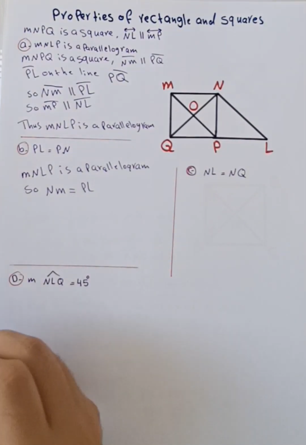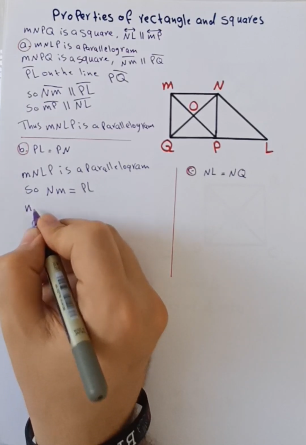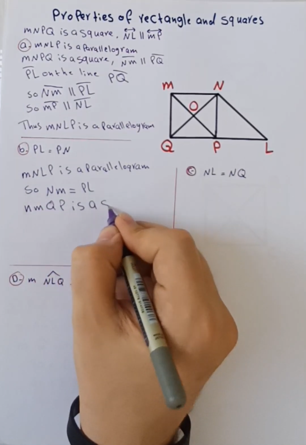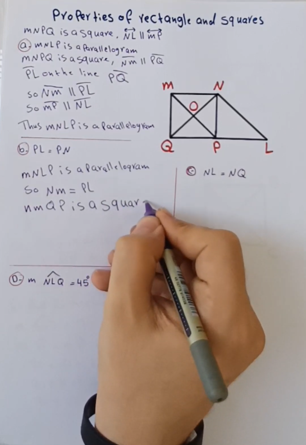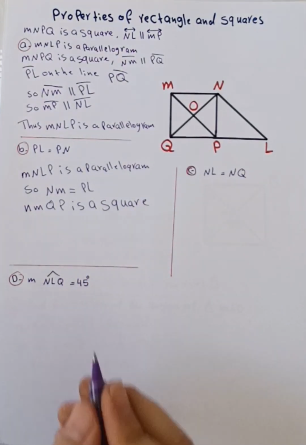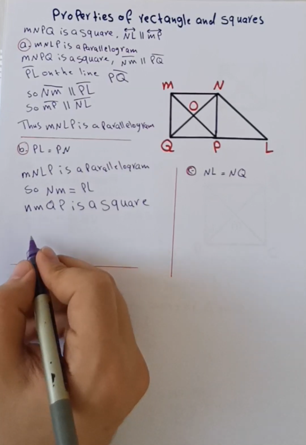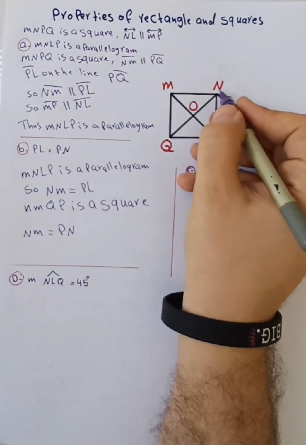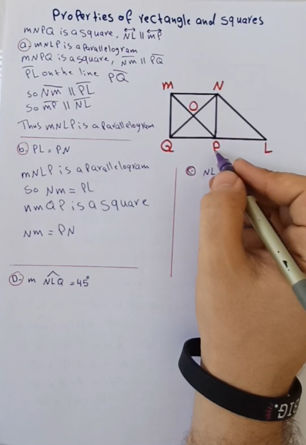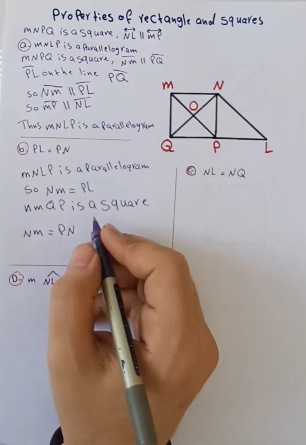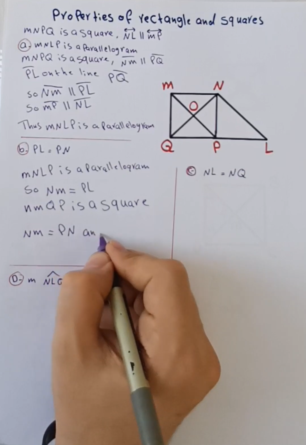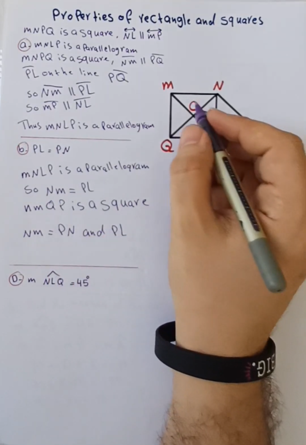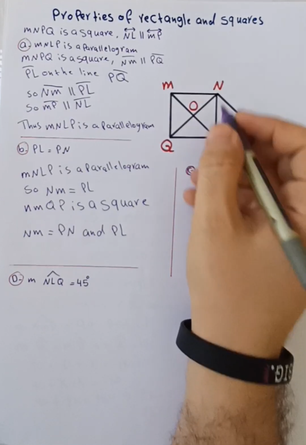And MNPQ is a square, so we can say NM equals PN, and therefore PL equals PN.